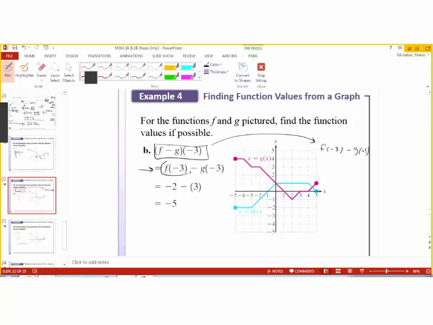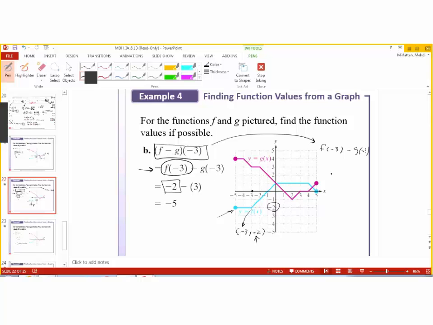So for f of minus 3, you look at the f function, you're saying at x equal to minus 3 what y is. If x equal to minus 3, you come down here, and it looks like y is equal to minus 2. This is the point that we're talking about. So that's why we put minus 2 here.